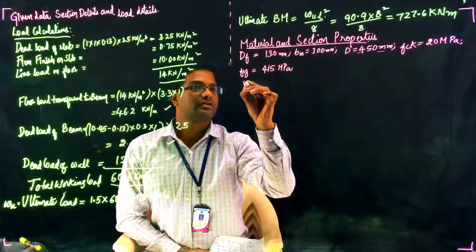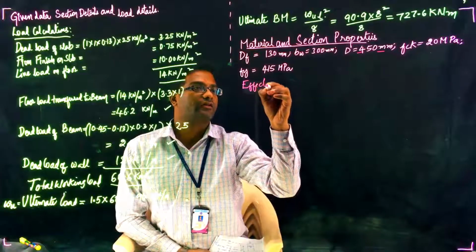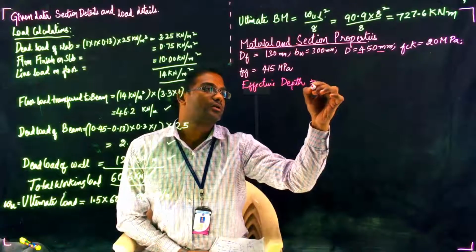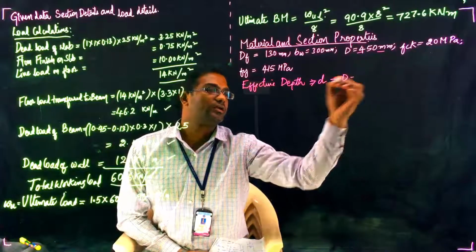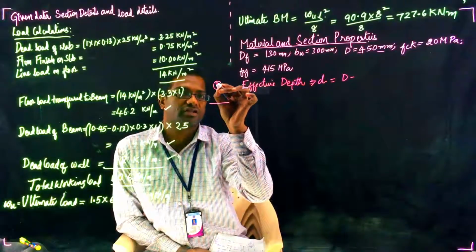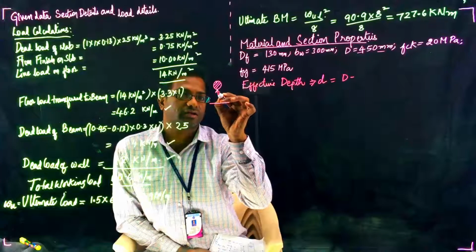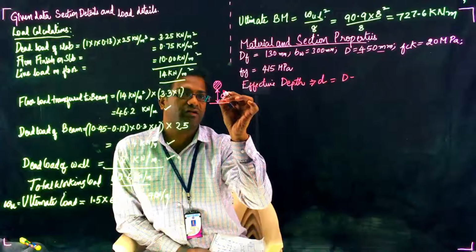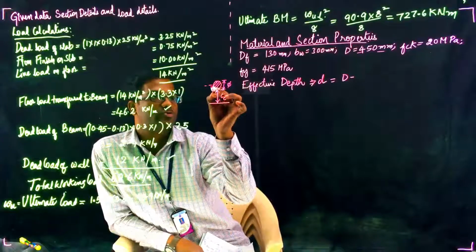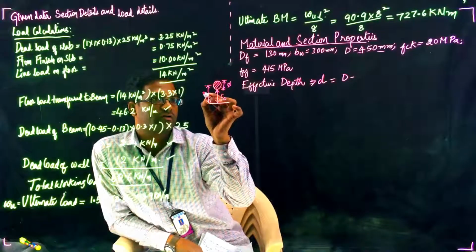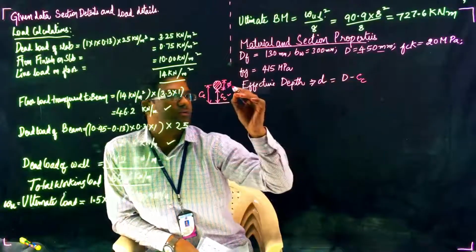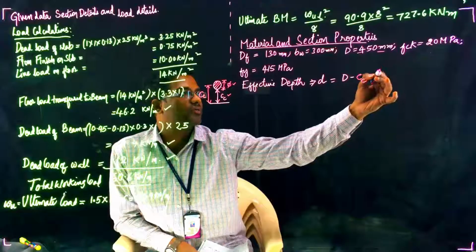So we will calculate the effective depth, represented by small d, as D minus clear cover minus half of diameter.